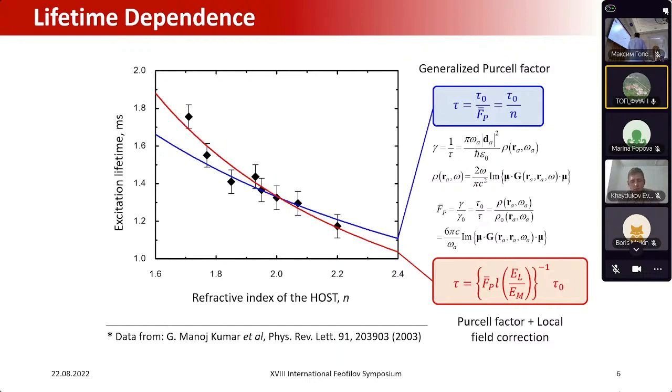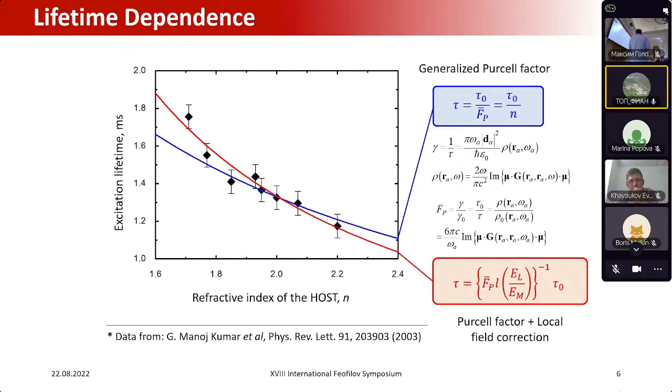Here is the rising refractive index of the host, taken at the frequency of the radiation, with the experimental dots for europium ions in glasses prepared under the same conditions, where the host material was prepared in such a way that there was a number of experiments in which the host material had a different refractive index. The measurements demonstrated the expected trend, a nonlinear falling of the excitation lifetime.